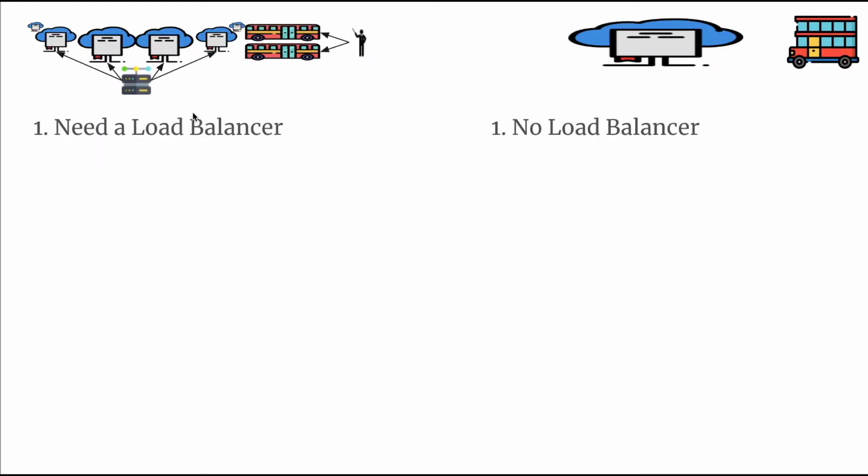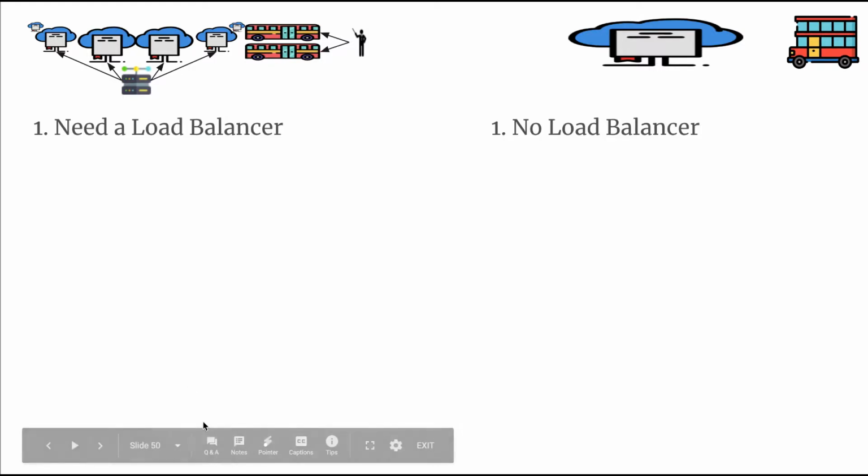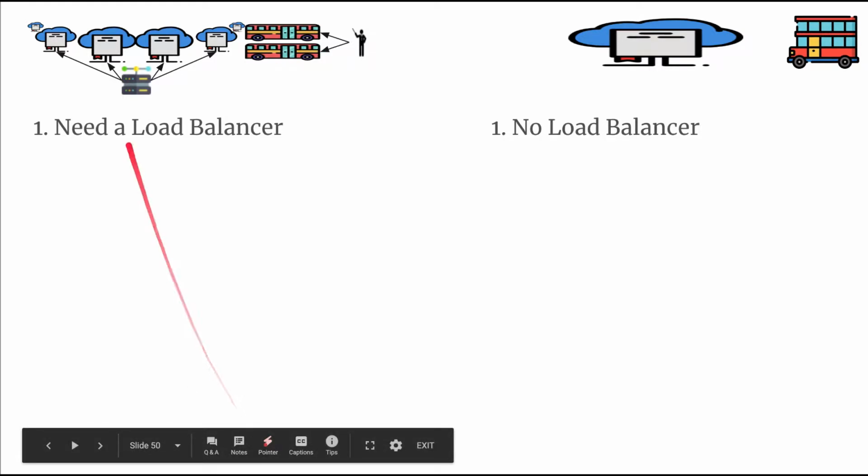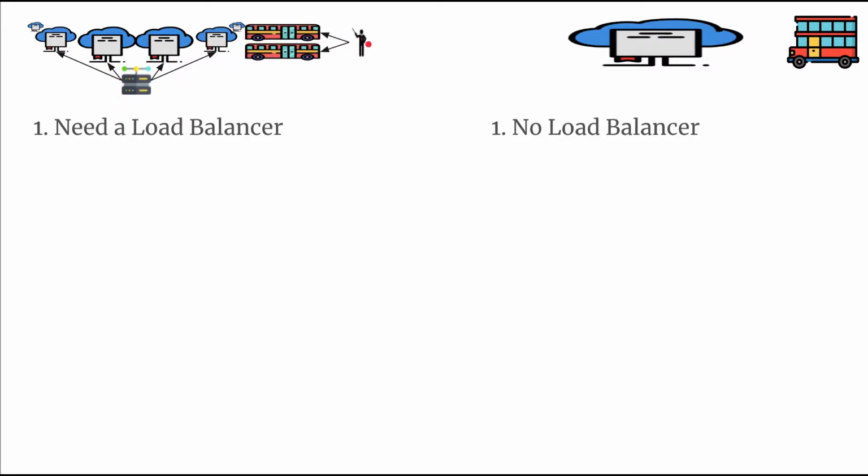As you can see here, we have a load balancer, and we can direct traffic to different servers, the same way the conductor directs people to different buses. So in horizontal scaling you have to have a load balancer, while in vertical scaling you don't need that.